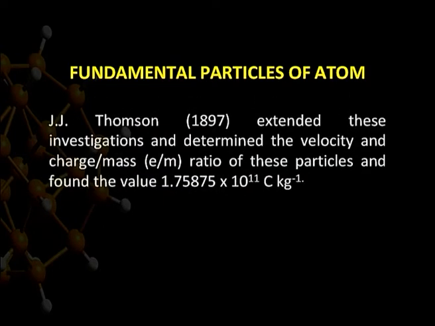J. J. Thomson in 1897 extended these investigations and determined the velocity and the charge to mass ratio of these particles, and found the value 1.75875 × 10^11 C per kg.